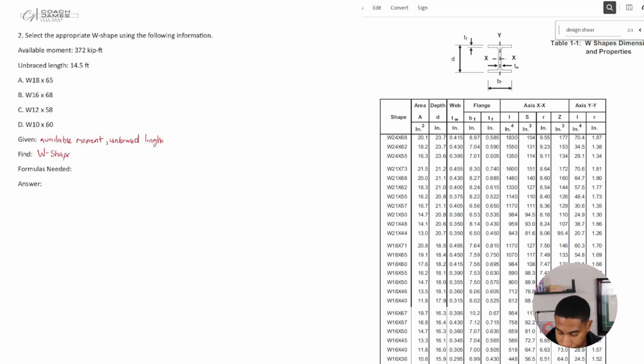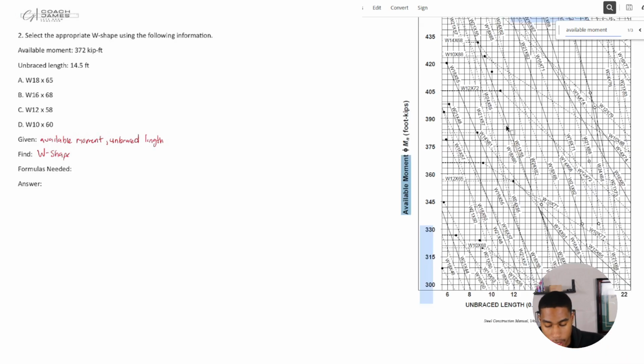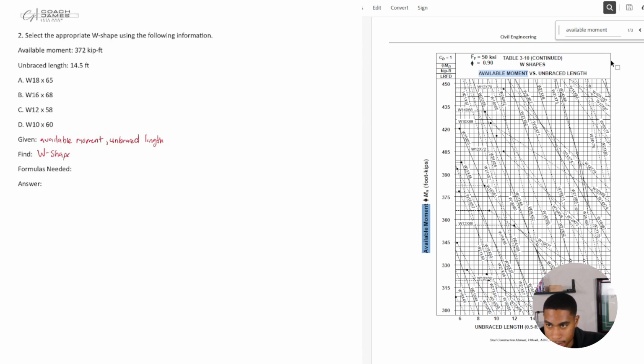So let's look up available moment. So important that you understand your handbook and know which charts are going to be in your handbook.